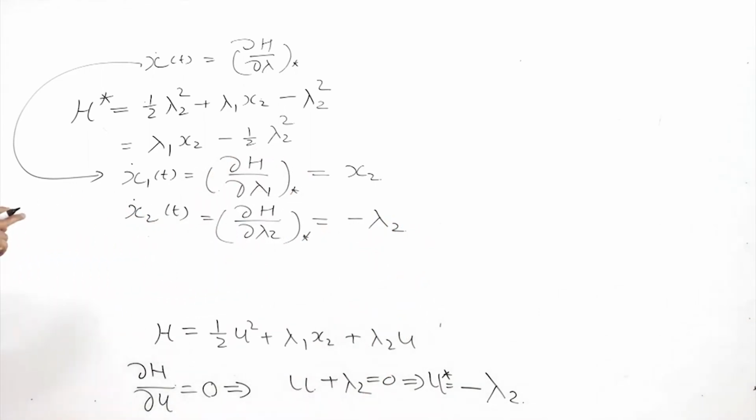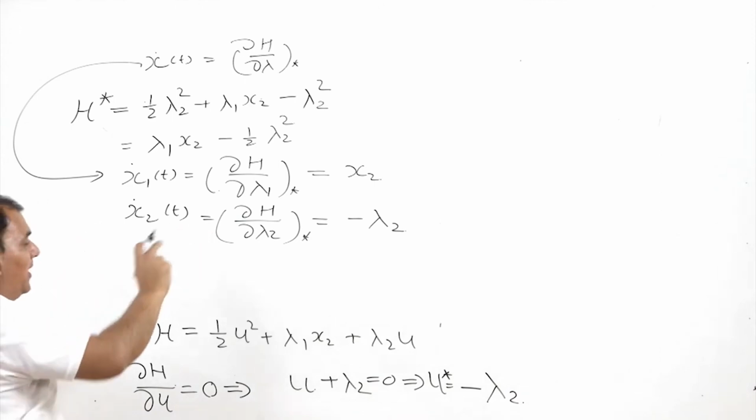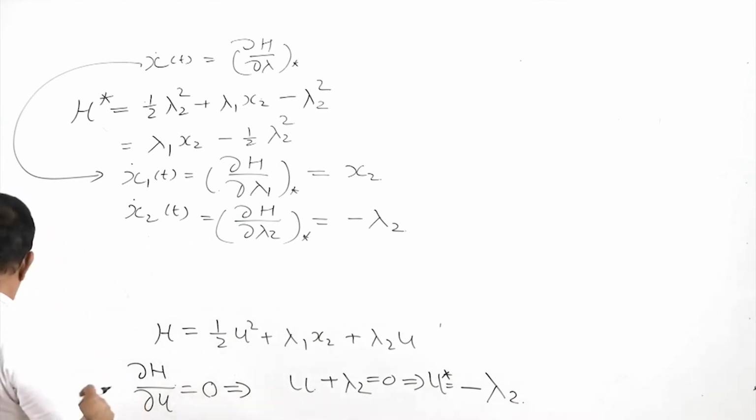So my x1 dot is x2, x2 dot is minus lambda 2.